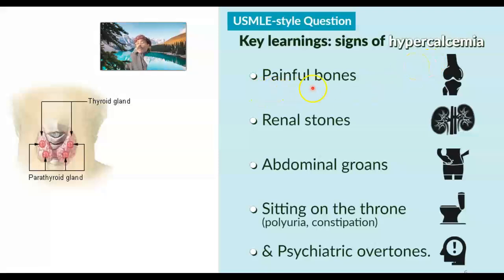We will have painful bone, renal stone, abdominal groans, pain in the abdomen, sitting on the throne, like polyuria and constipation, and certainly psychiatric overtones in a patient of hyperparathyroidism.